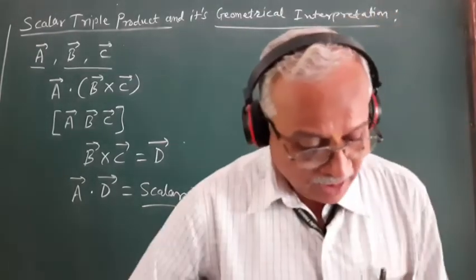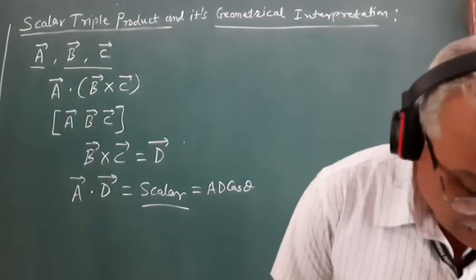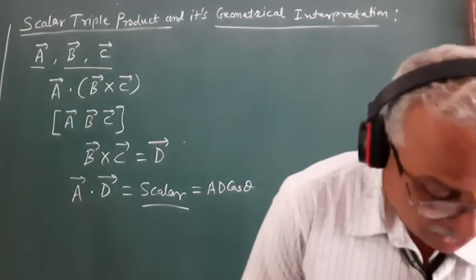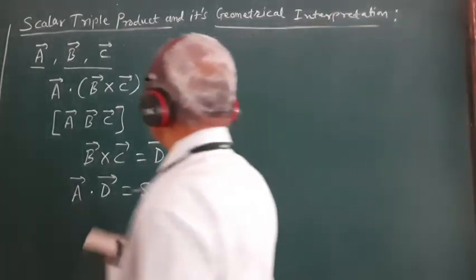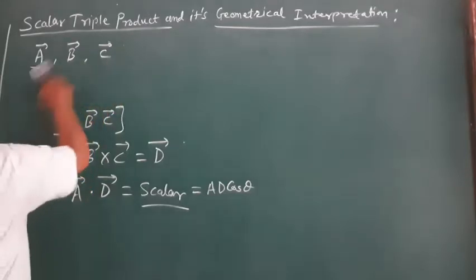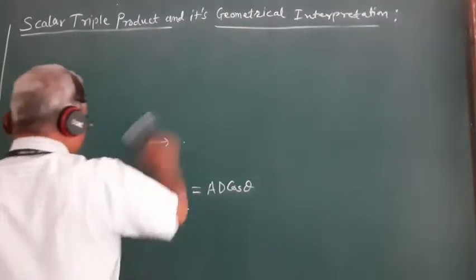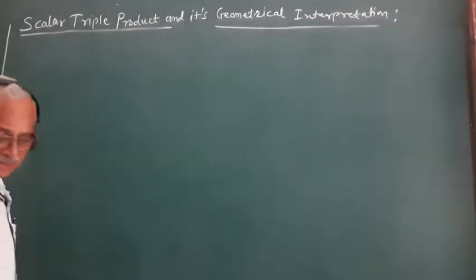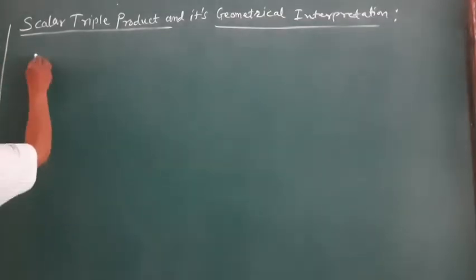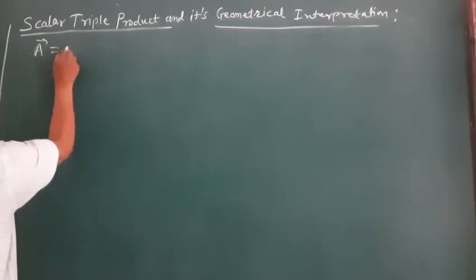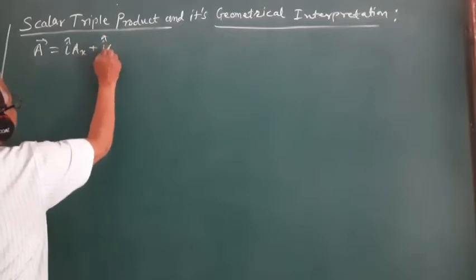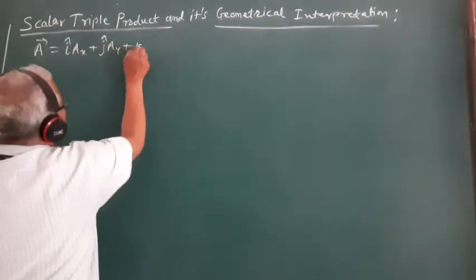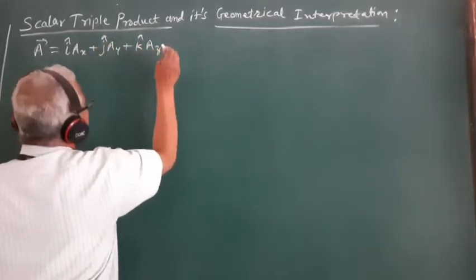Now let us evaluate this scalar triple product of the three vectors in terms of the rectangular components of the three vectors. Let a bar be expressed as i cap ax plus j cap ay plus k cap az.